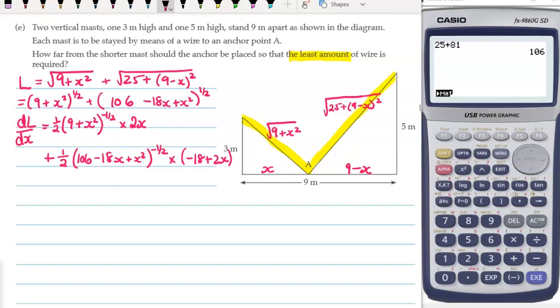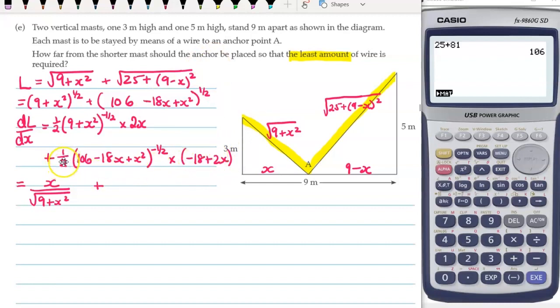So this top bit just here, the 2's cancel out. We've got an x on the top over a square root of 9 plus x squared. Then the second term, we've got the minus 18 plus 2x here.